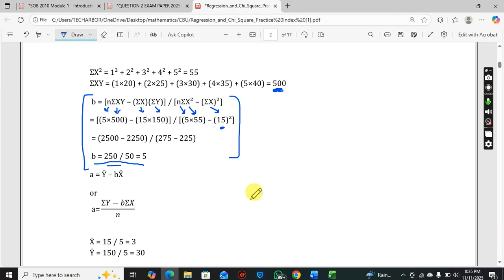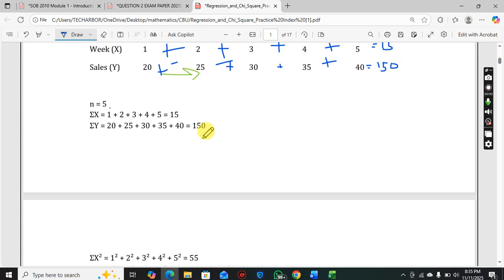Okay, for the intercept, you can use either this formula or this one here. This one I say is the easiest. You can also remember it. Just get the average of y and the average of x, and you've already got your slope. If we get the average of y, when you add up the y values, the total is 150.